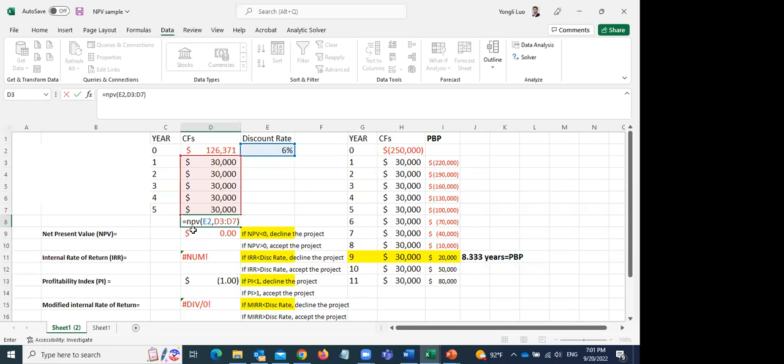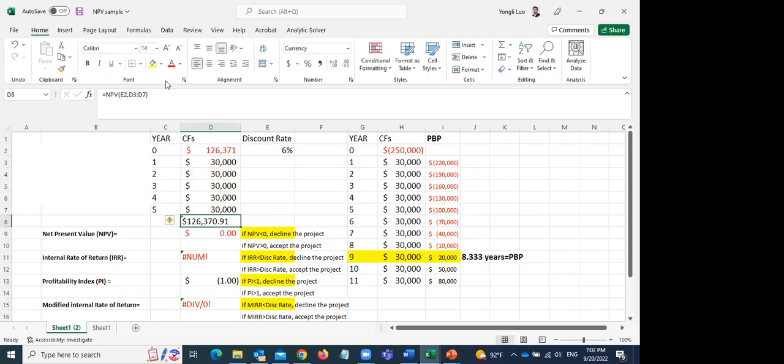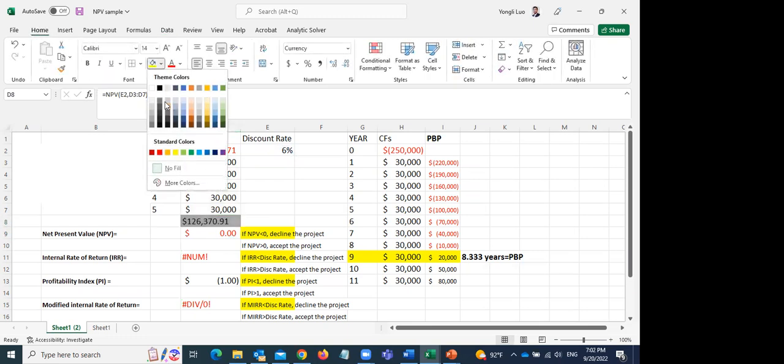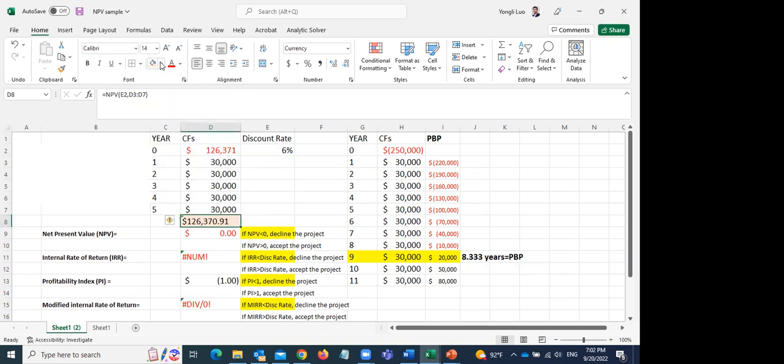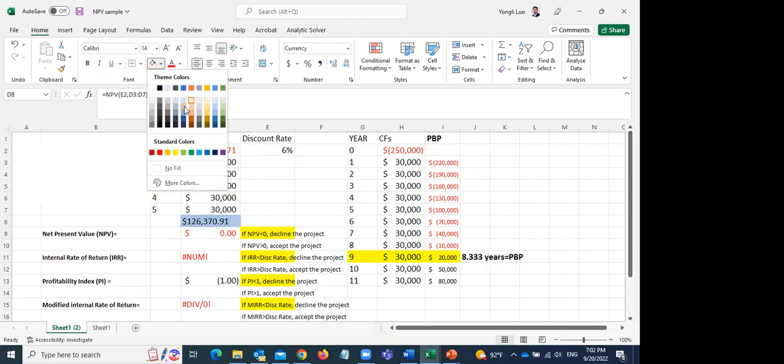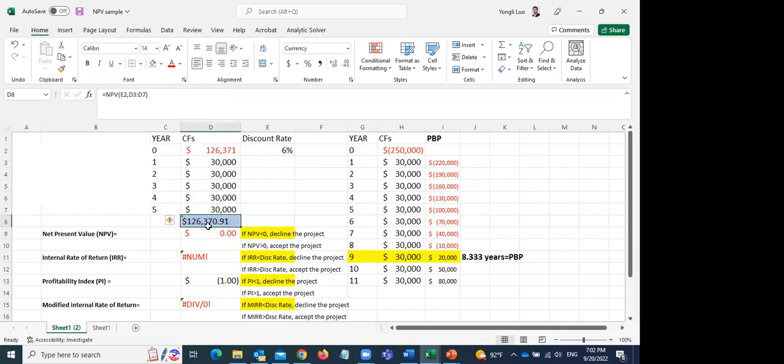It's going to give you the price. Okay, so this is the price. You see exactly the same number, whether using Solver or using the net present value to calculate the price.